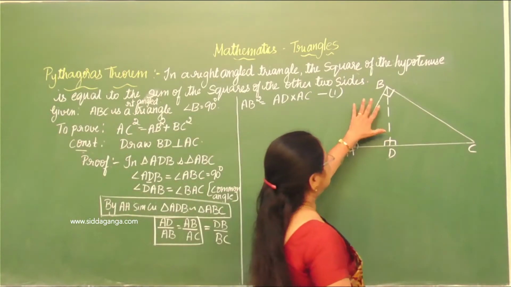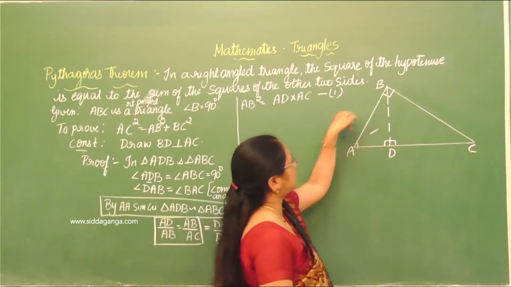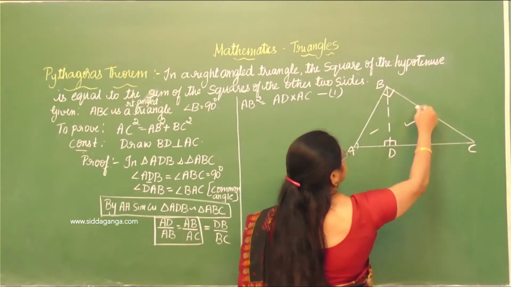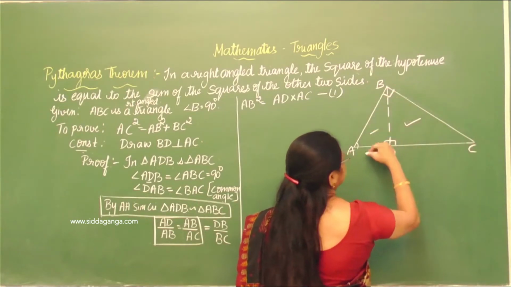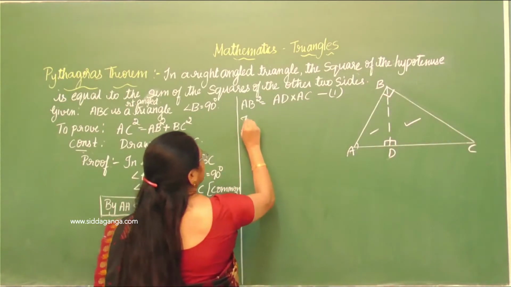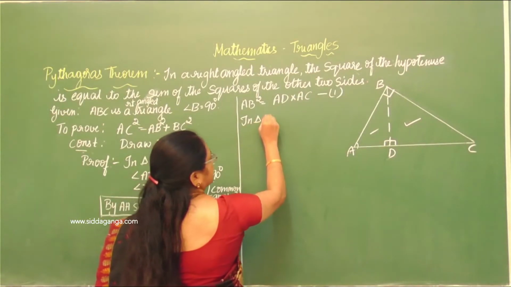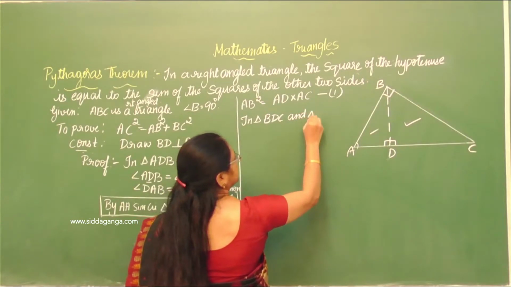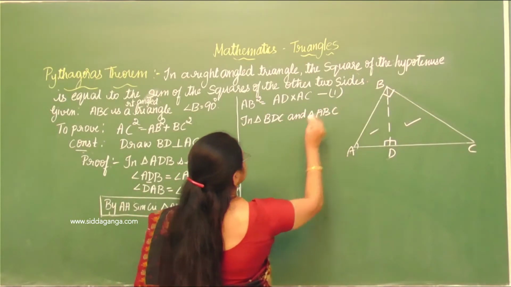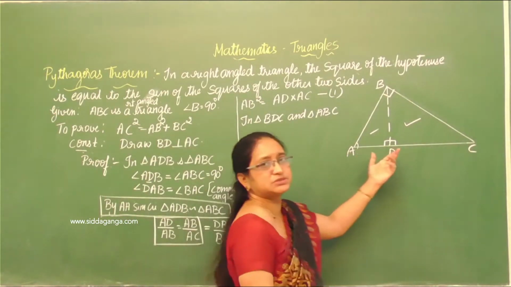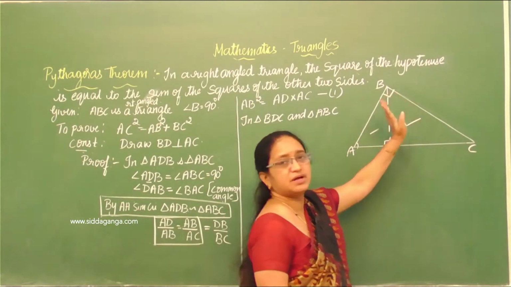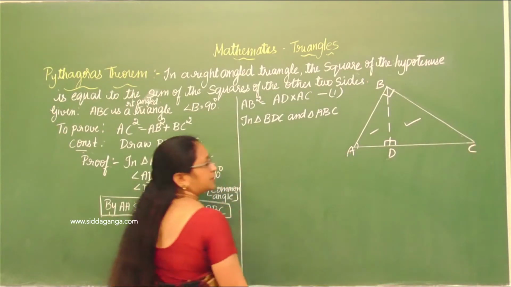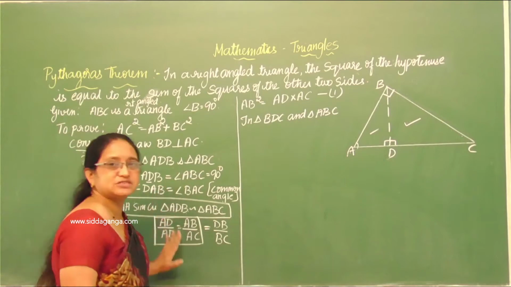So I took a smaller triangle, this one, that is ADB, and the bigger triangle. Now I'll take another part of this triangle and the bigger triangle. So in triangle BDC and triangle ABC, again the same procedure. This is 90 degree, again we have 90 degree, and one more common angle will be C here. The same thing we did in the first part of the proof.